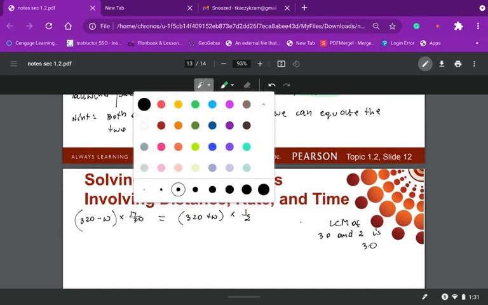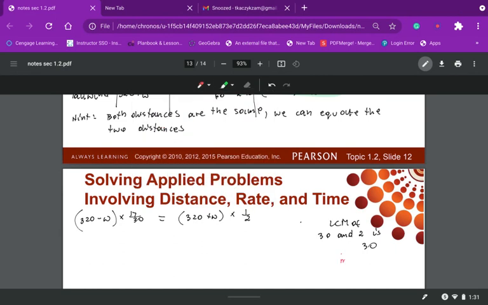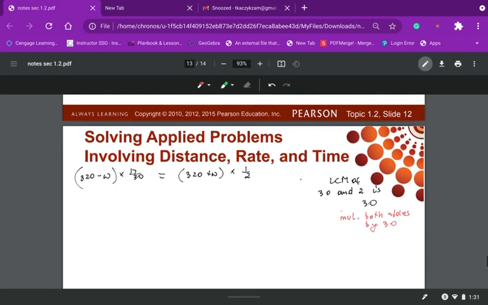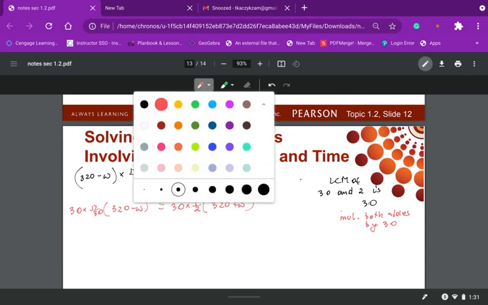So what I'm going to do is multiply both sides of the equation by 30. So I have 30 times 17/30 times 320 minus W equals 30 times the right side of the equation, which is 1/2 times 320 plus W. Now I'm going to solve it.